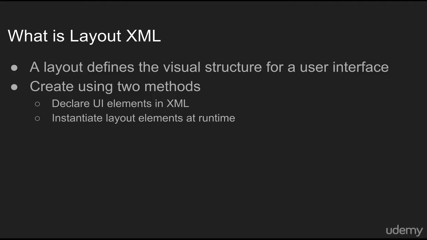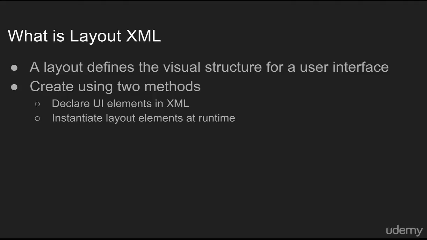The advantage of declaring your UI in XML is that it enables you to better separate the presentation of your application from the code that controls its behavior. Instead of writing everything in the Java file, you can separate out the UI elements in XML and just manipulate them inside your Java file. That makes your code cleaner and keeps it separate.